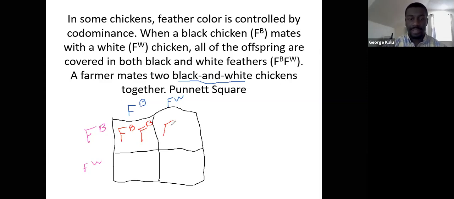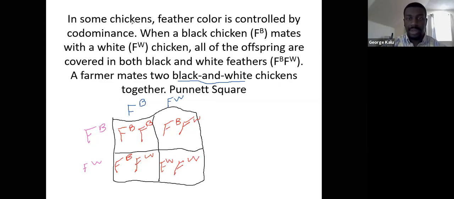FBFW, perfect. In this bottom left, what would we have? FBFW, perfect. And then in this bottom right box, what would we end up with? FWFW, perfect.